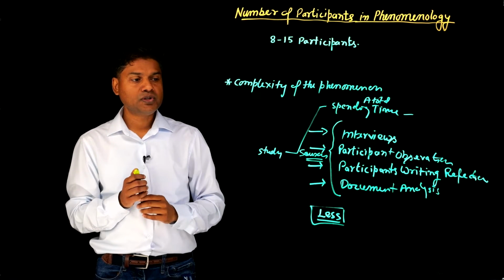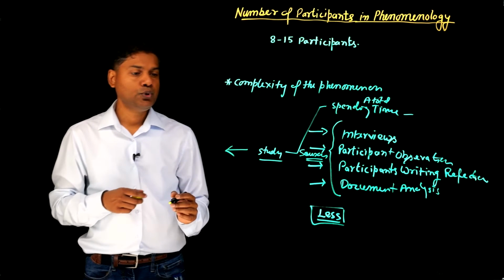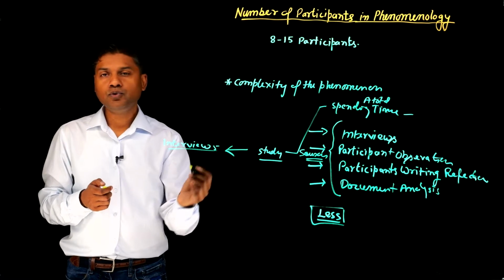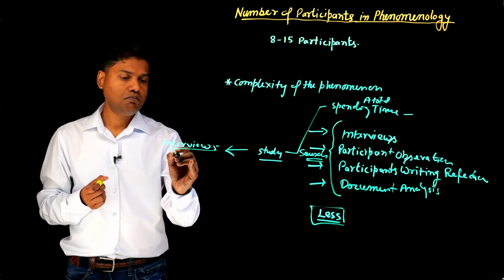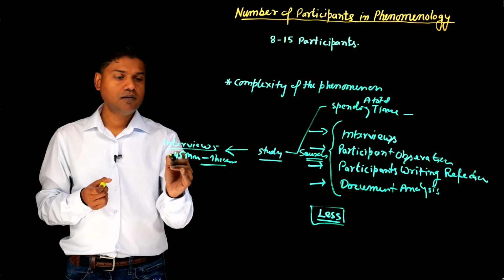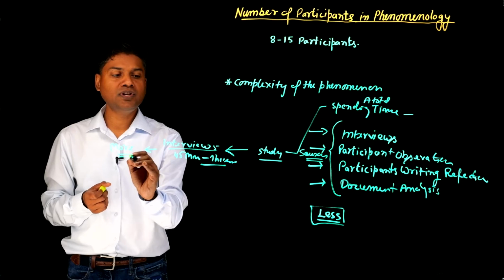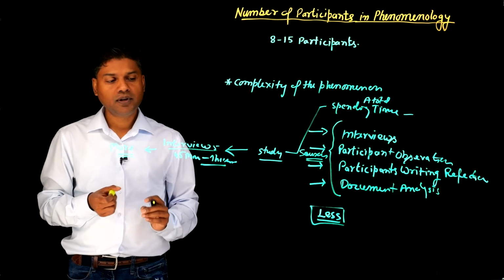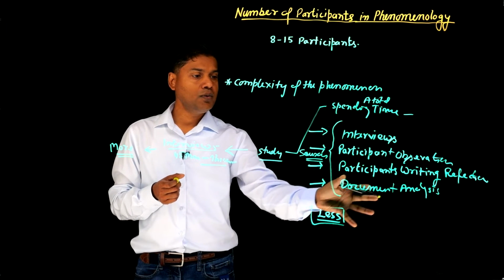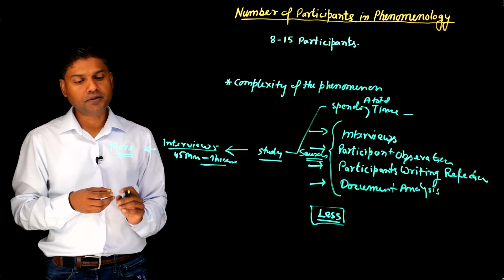However, if I'm only doing interviews, which last around 45 minutes to 1 hour, my number of participants will be more, because I'm using only one means. This study seems less complex as compared to a study where I'm using all these different means of phenomenological materials.